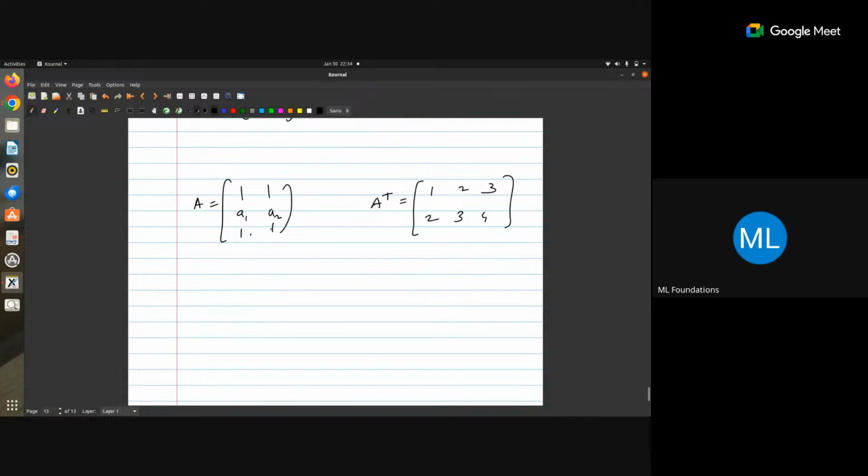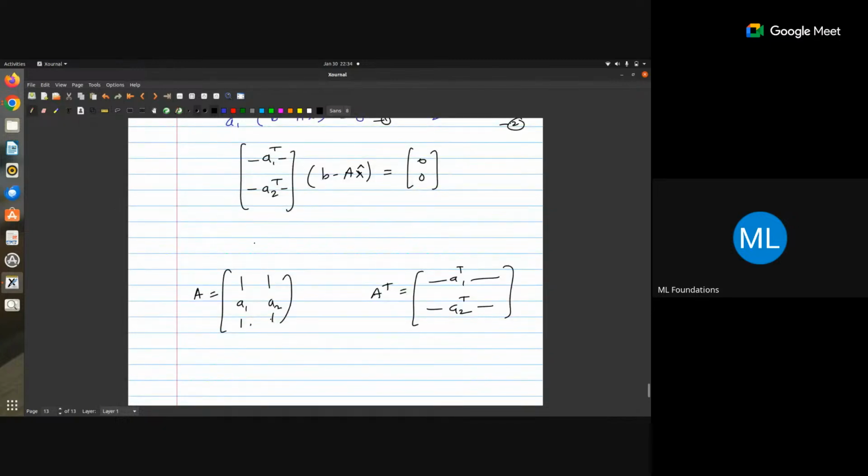Can I say that? What is the transpose of that? Is it okay, or can I say it like this? That's fine, right? So if I am representing this, what does that mean? Is it not A transpose?